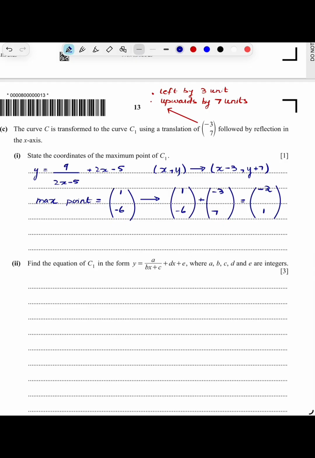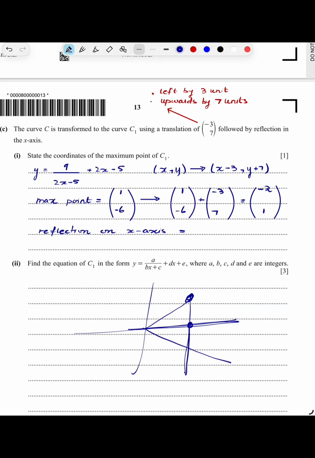Okay, but now we need a reflection, so we need to reflect it. So reflection on the x-axis. Remember, for a reflection the y coordinate should change. If this was a point and we're reflecting it on the x-axis, the x value stays the same, whereas the y coordinate, if it was a 1 up here, becomes a minus 1 after I reflect it.